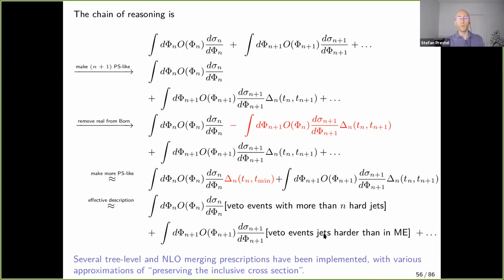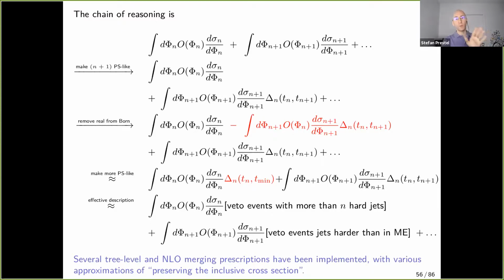And they depend on various sort of approximations that you make in order to say you indeed want to preserve the inclusive cross-section, or maybe only up to an approximate sign and so on. Again, there's going to be a whole lecture, so I'll leave the fun to that.